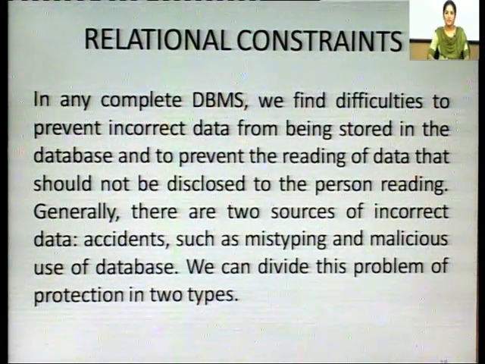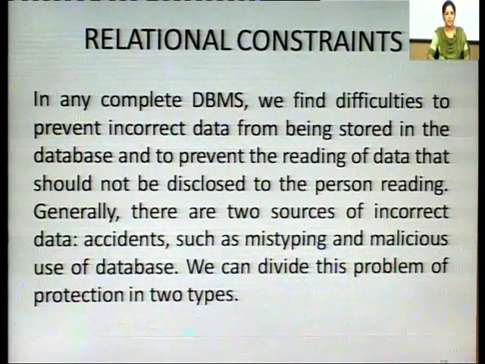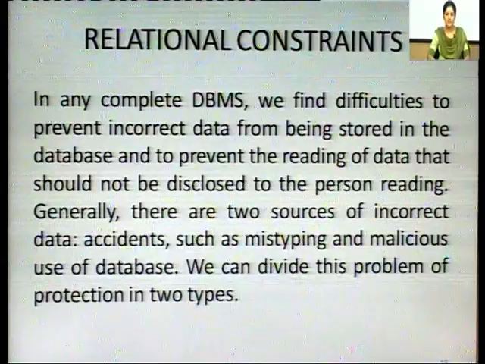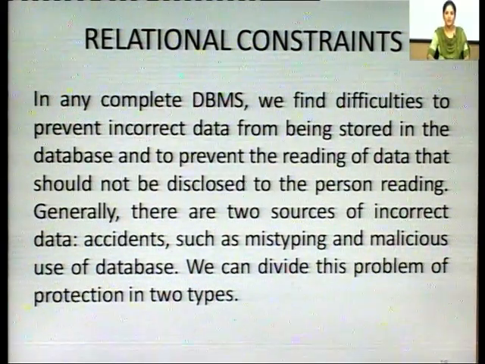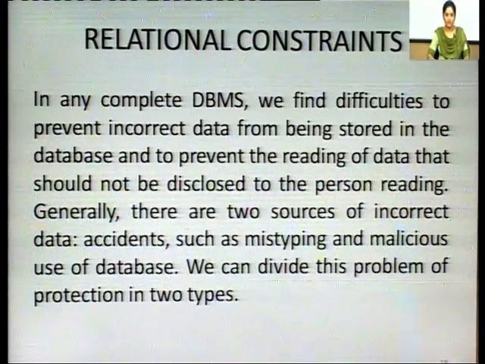In any complete DBMS, that is database management system, we find difficulties in preventing incorrect data from being stored in the database and in preventing the reading of data that should not be disclosed to the person reading.